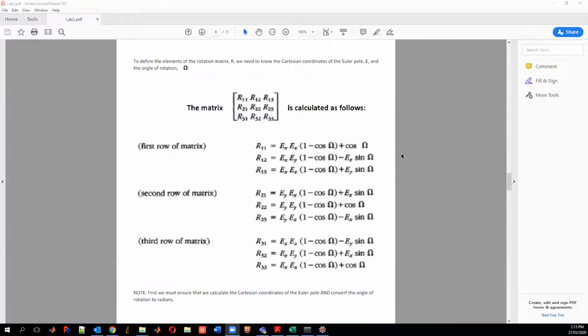So we define an Euler pole and we decide how far around that pole we're going to rotate our points. This matrix has 9 entries, 3 entries in each of the 3 rows, and these are given by fairly simple trigonometric functions. But remember that cosine and sine in Python are always calculated in radians, so we have to be a little bit careful with that.